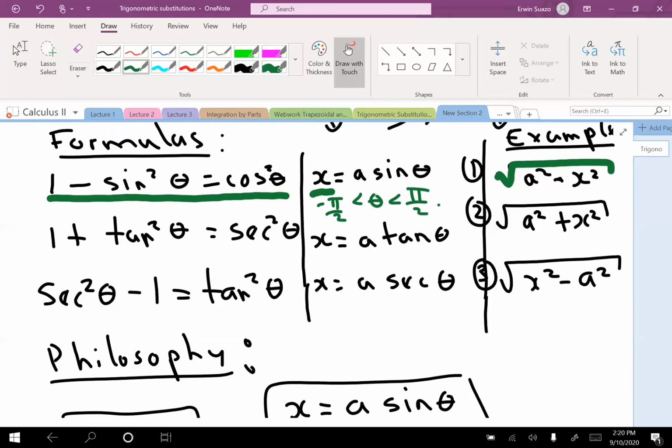So you need to complete your formula, but I didn't write it right away because I wanted to be able to explain where this is coming from. Similar thing for tangent: if you do a similar argument, tangent has to be between minus pi halves and pi halves. And for secant, theta must be between 0 and pi halves, or pi and 3 pi halves.